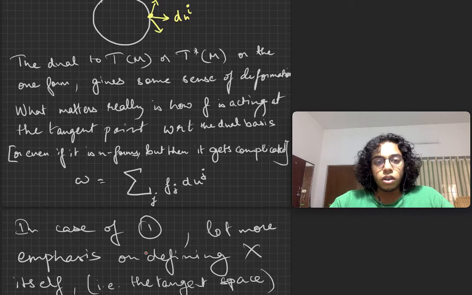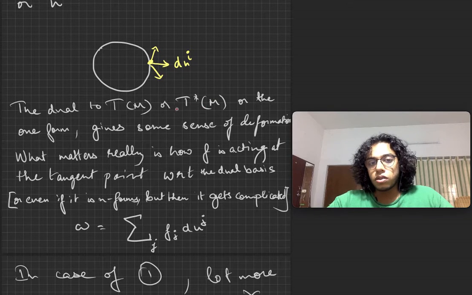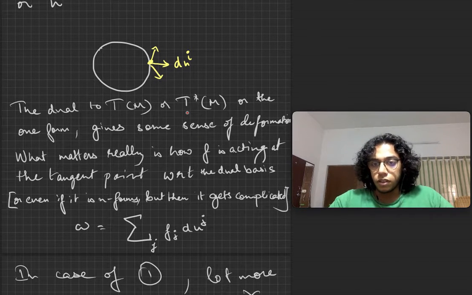So a one form is the dual to the tangent space Tm, that is T star m. T star m is the dual to Tm, right? So this is what dual means. Like earlier what I was talking about, it looks like an inverse, but it is not really an inverse.